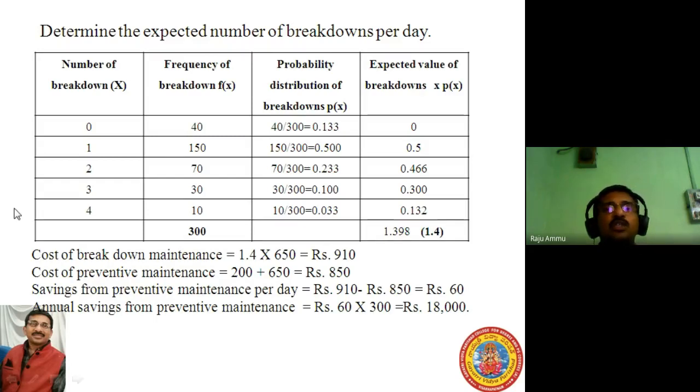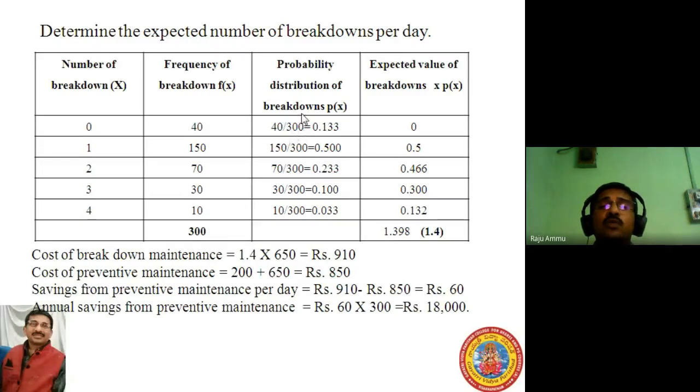The first 2 columns are one and the same. The number of breakdowns are written here, the frequency of a breakdown is written here. Now you need to calculate the probability of its happening. Probability simply says that out of 300 days, 40 days are with 0 breakdowns, isn't it? So the probability is 40 divided by 300.